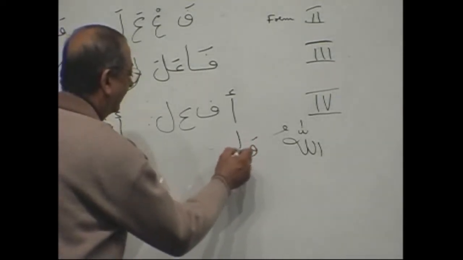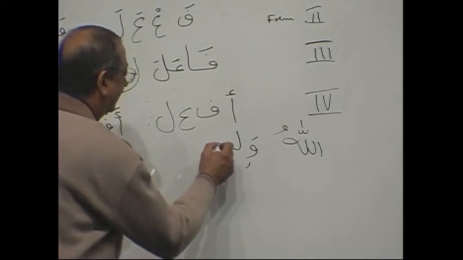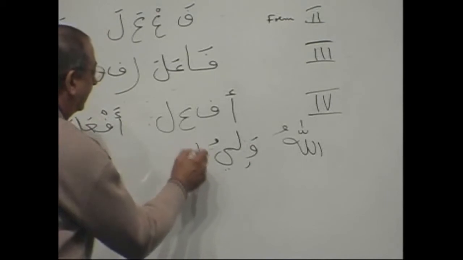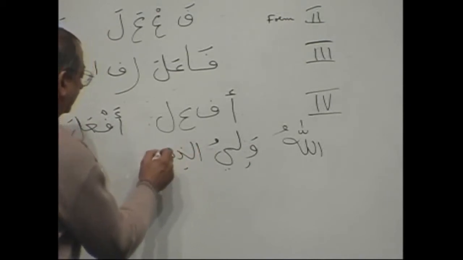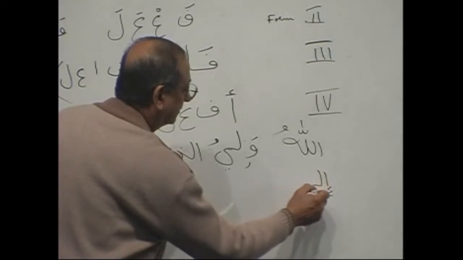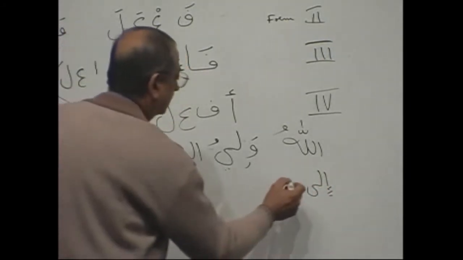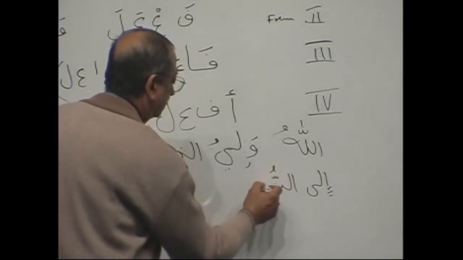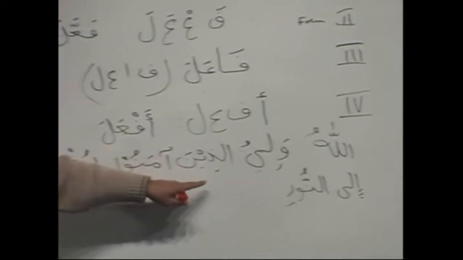Allahu mubtada. Where is the khabar? Waliyu. And then what is Waliyul Lazina together? Mudaf, mudaf ilayhi. So Waliyu is khabar, and it is mudaf, and this is mudaf ilayhi.